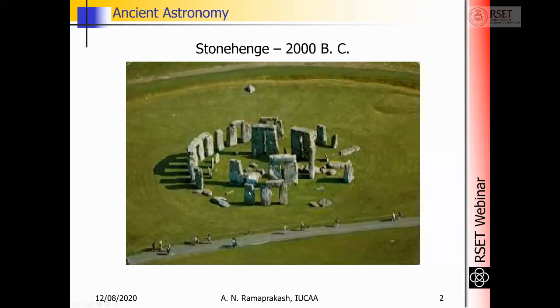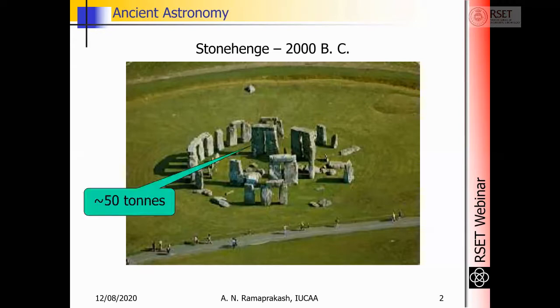Just an array of large stones in ruins, and it was supposed to be built in 2000 BC. Now the amazing thing is the structure of the stones and the alignment seem to have a close correlation with celestial events like the summer solstice, winter solstice, and so on and so forth.